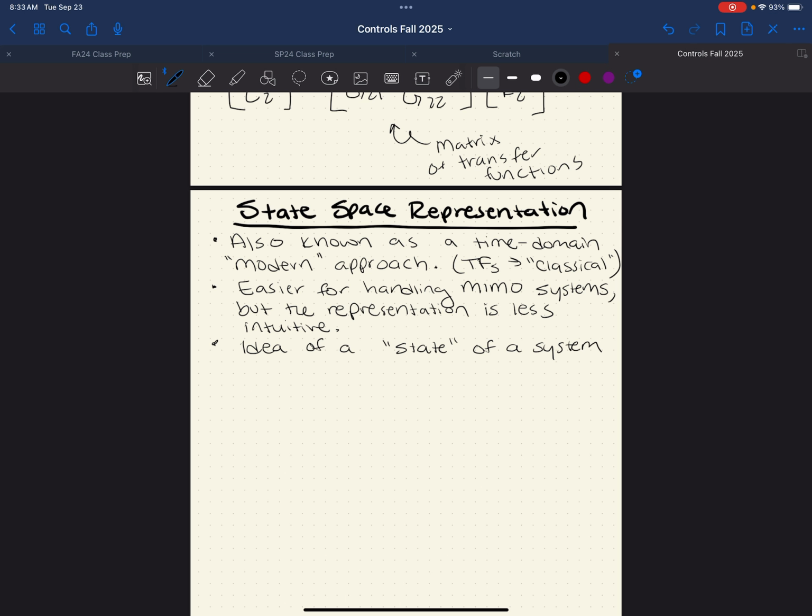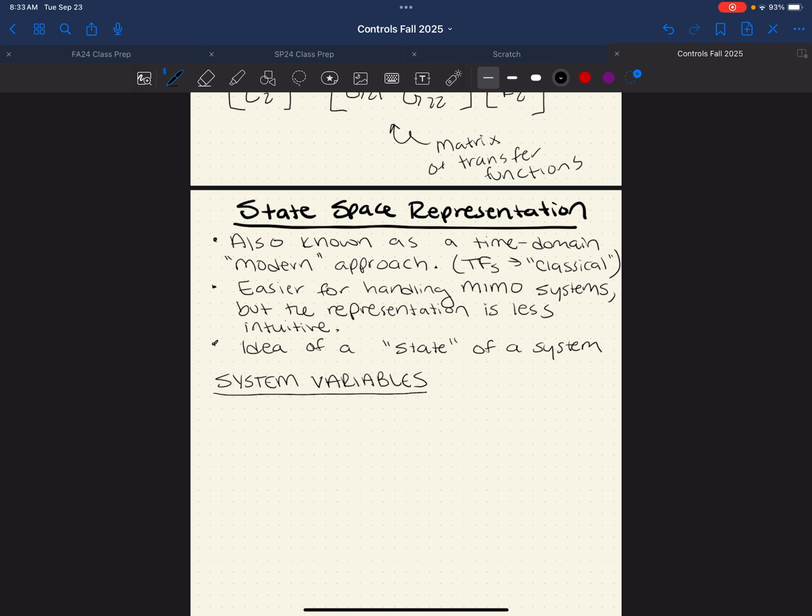Okay, and we're going to do that through a couple of definitions and then some examples. So, first definition is the idea of system variables.